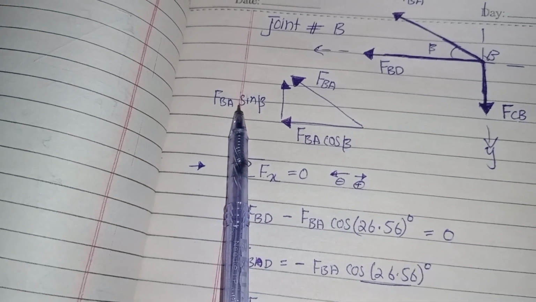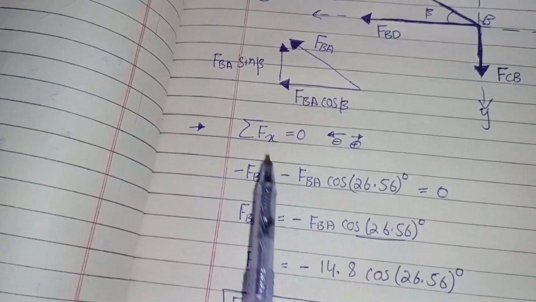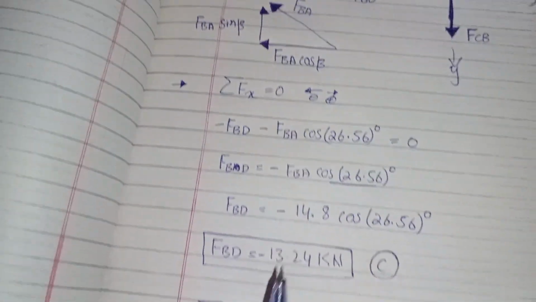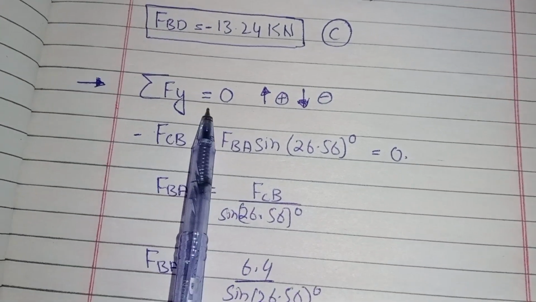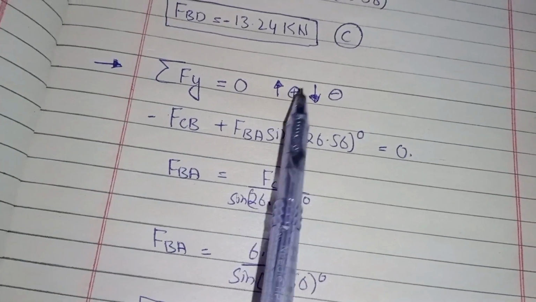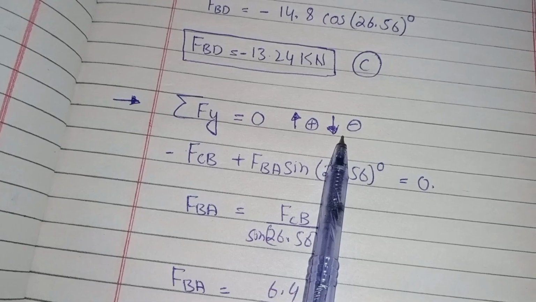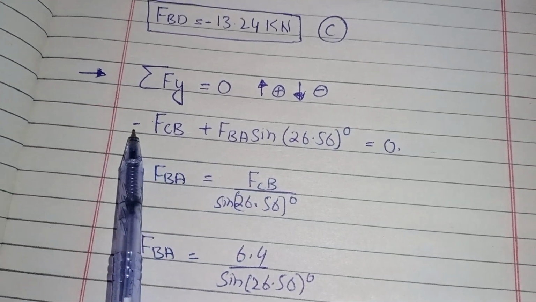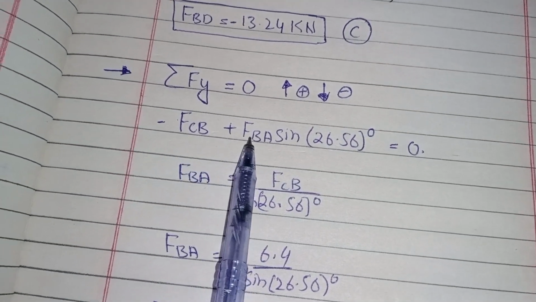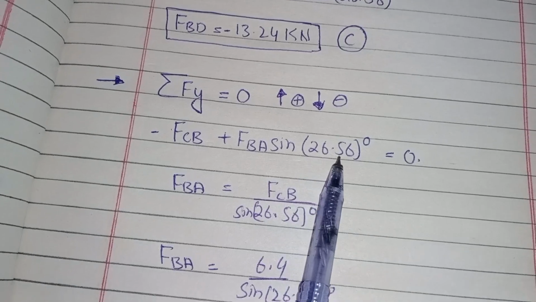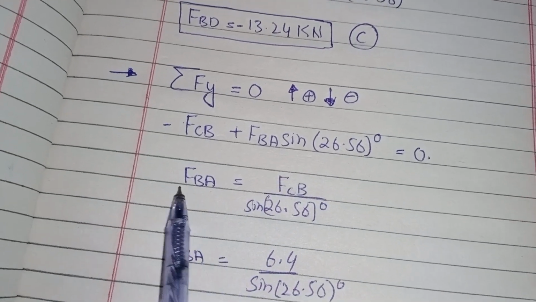So FBA sin beta. First of all, summation of Fy equal to 0. The force directed up will be taken as positive, the force directed toward down will be taken as negative. So negative FCB plus FBA sine 26.56 equal to 0.